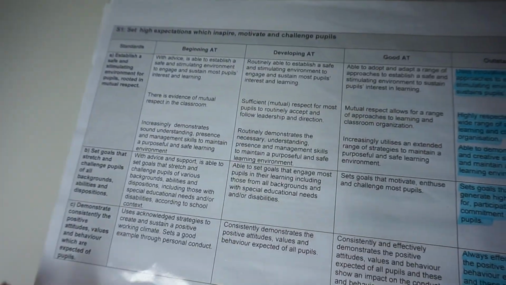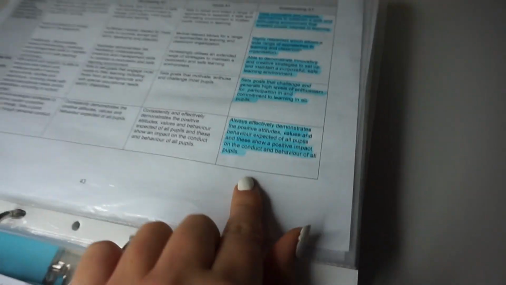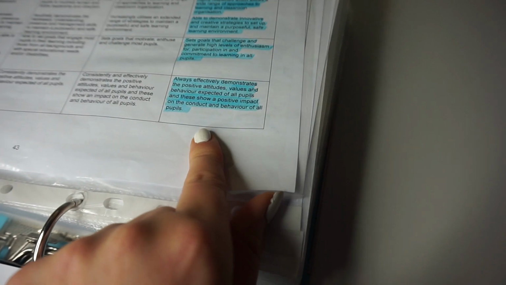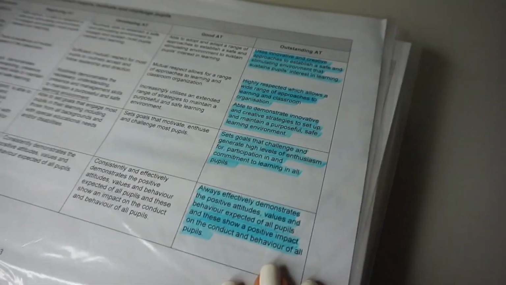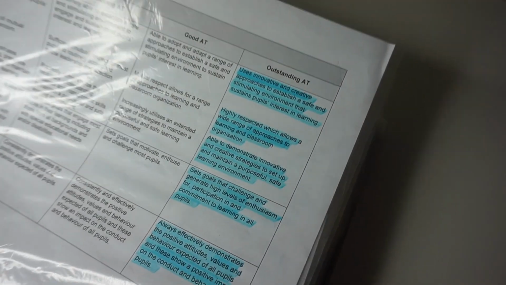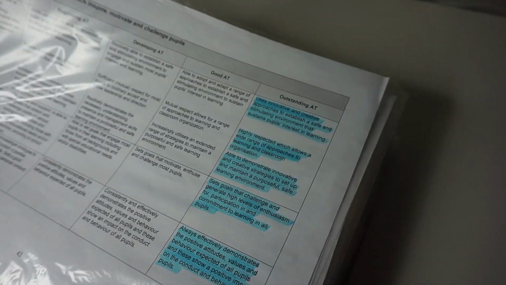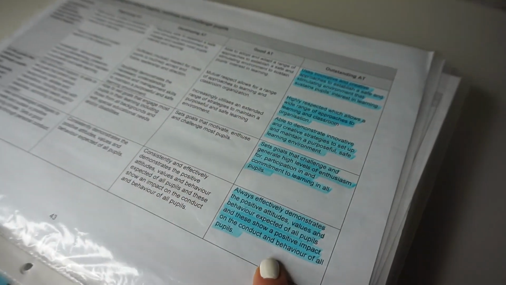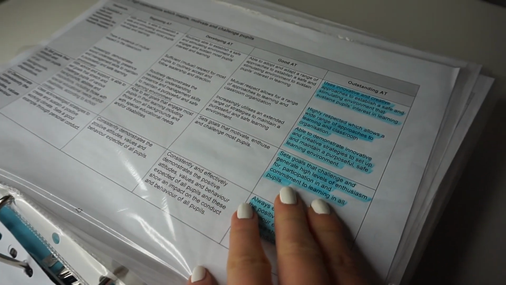I printed it out and highlighted which standard I thought I was at by the end. I actually did this with my professional mentor, so she agreed. I highlighted each section, so as you can see it goes from beginning, developing, good and outstanding. I've gone for outstanding in pretty much all of them.